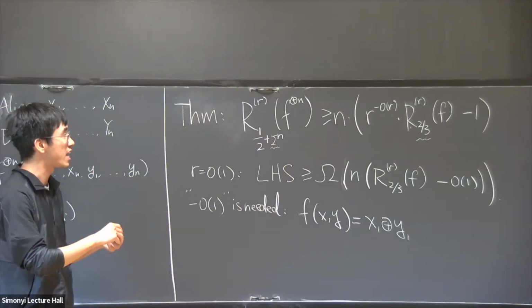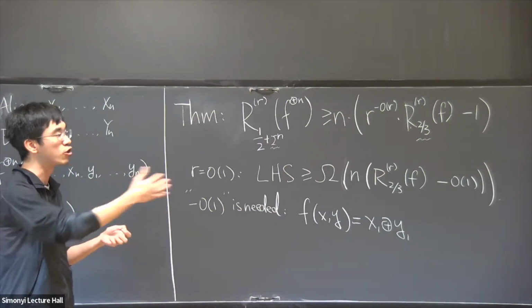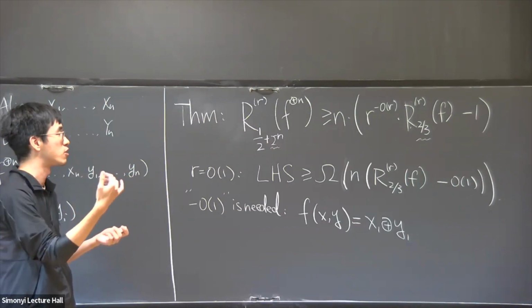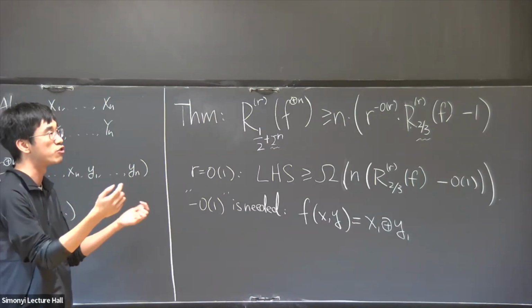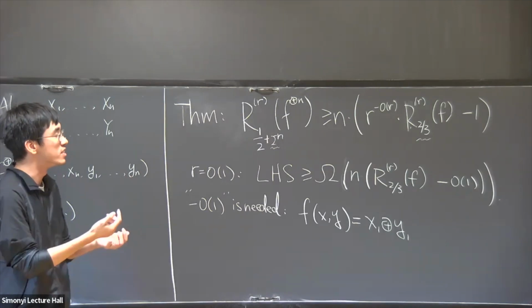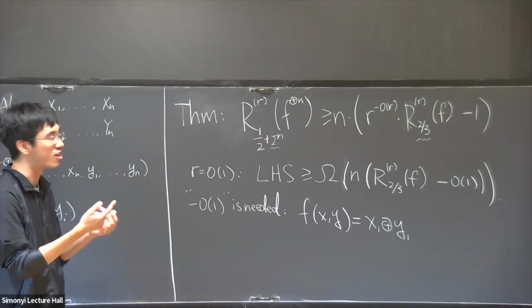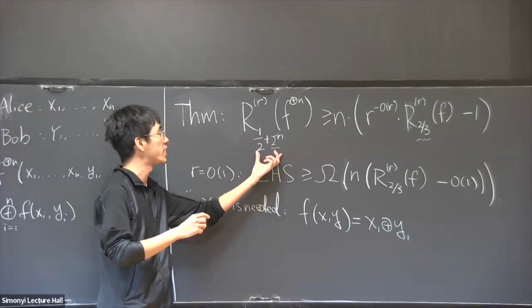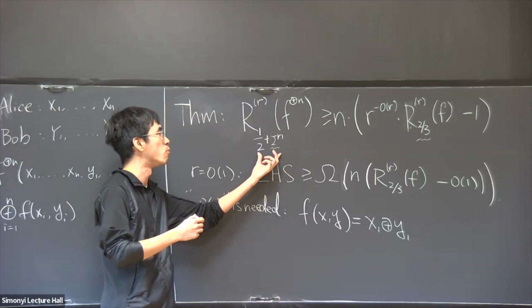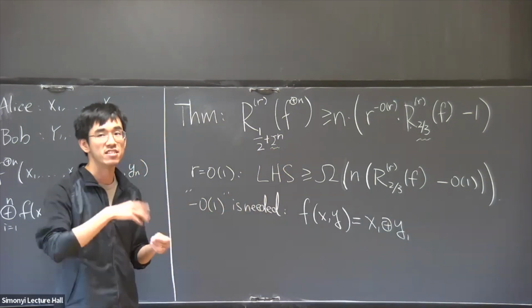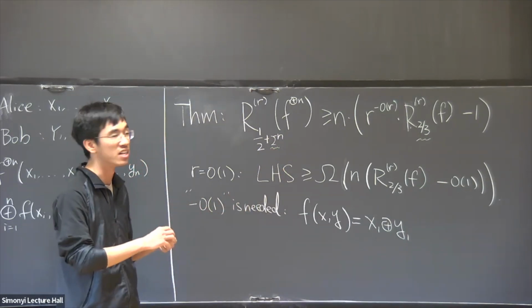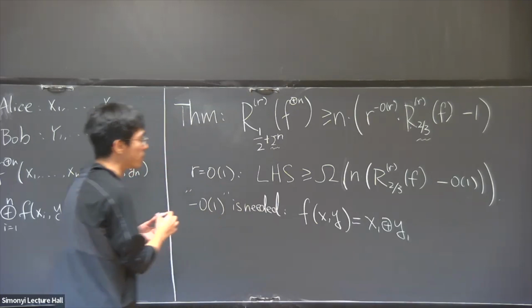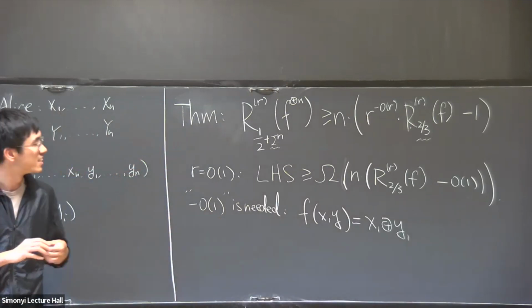Alice and Bob can first locally compute the XOR of their corresponding input bits, and then just exchange the outcome of the XOR. So again, f to the n will also have communication cost 2. This means that even if we require the success probability to be 1, the complexity of f to the n still does not increase linearly in this case. So we cannot hope to remove the O(1).